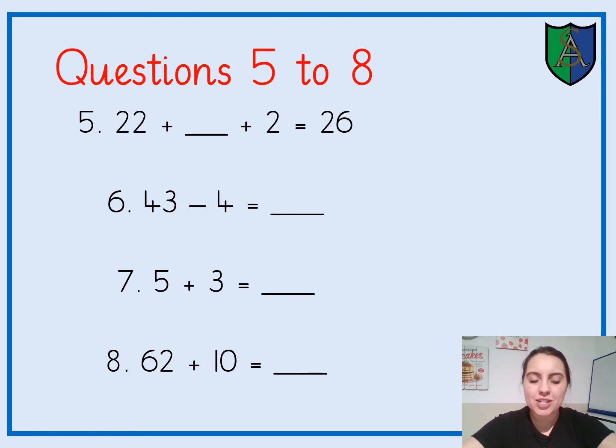Again, question number 6: 43, 4, something. Moving on to question number 7: 5, 3, something. Again, question number 7: 5, 3, something.